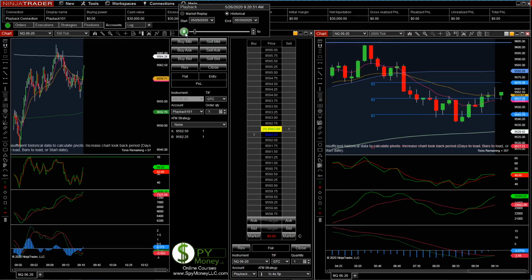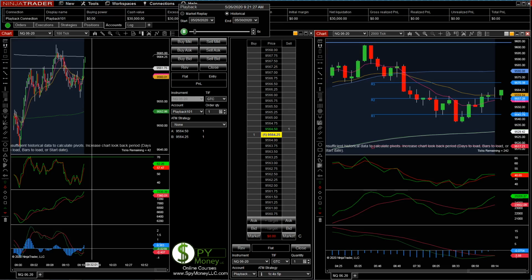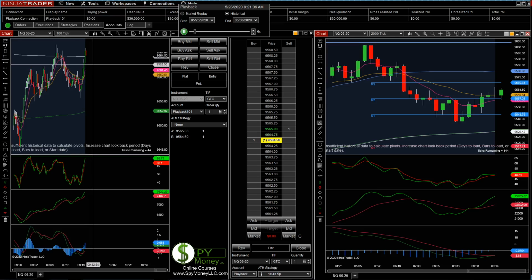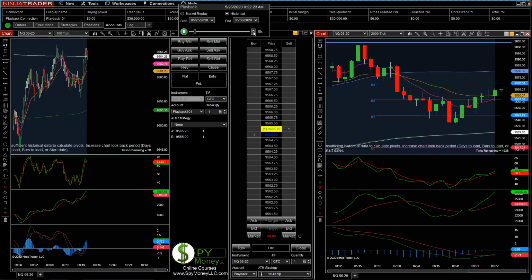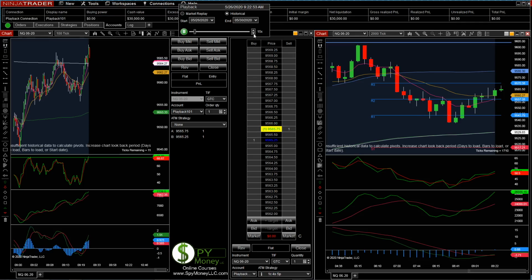So we're going to look at this. Now we're at 9:21, and you can see that our 100 tick is actually moving a little bit faster now than what it was. And let me speed this up and just get to the 9:30 bell.